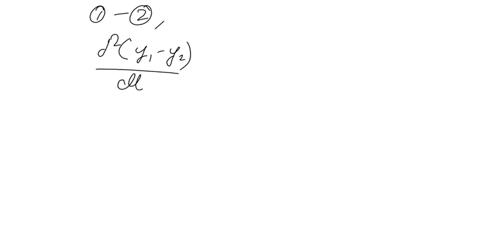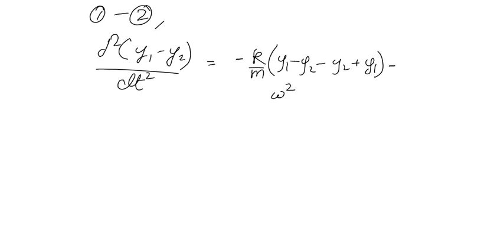So also now, equation 1 minus equation 2 gives us d squared of (y1 minus y2) by dt squared is equal to minus k by m (y1 minus y2) minus (y2 minus y1) minus omega squared of (y1 minus y2).